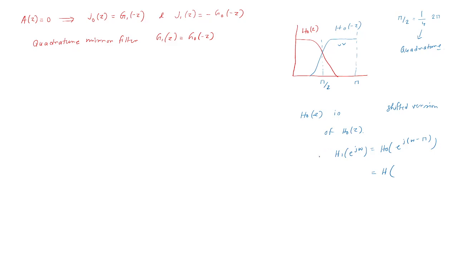If we denote the quadrature mirror counterpart of H0 as H1, it can be obtained by shifting H0 by π. We obtain e^{jω} minus e^{-jπ}, H0(-z).